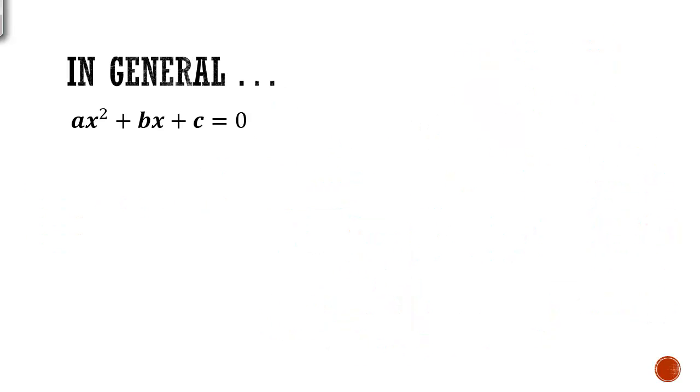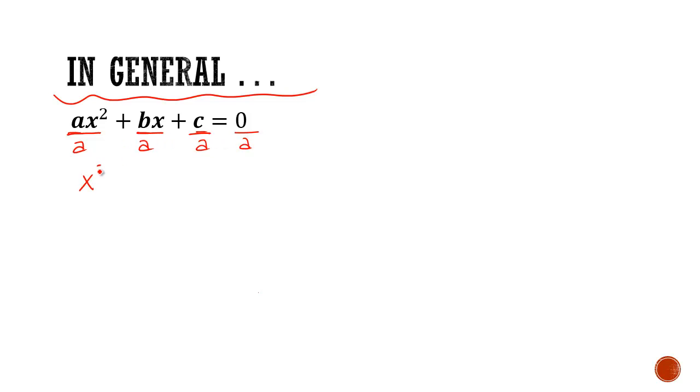So what happens in general? Now, if we generalize using a, b, and c as our coefficients, we can lead to a very important formula which allows us to then find the answers for x for any quadratic. First, we need to divide everything by the leading coefficient. Divide by a.